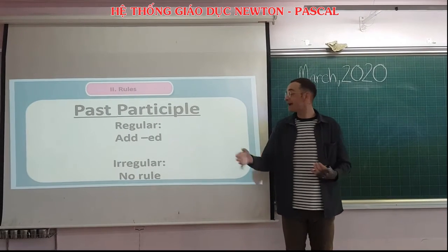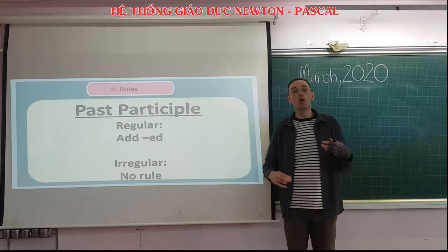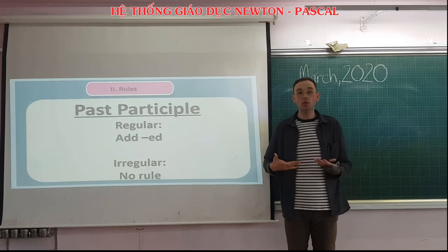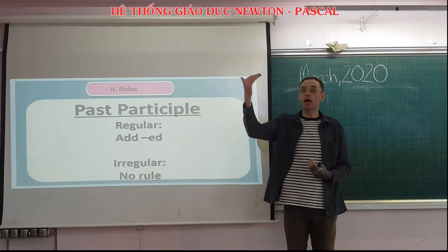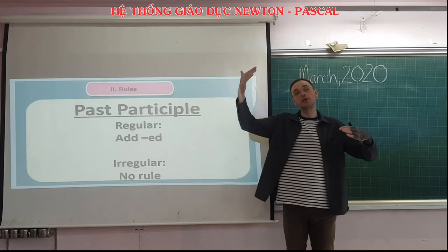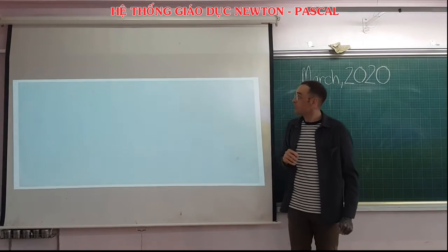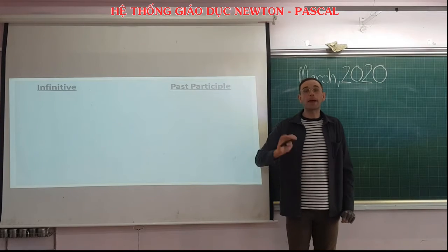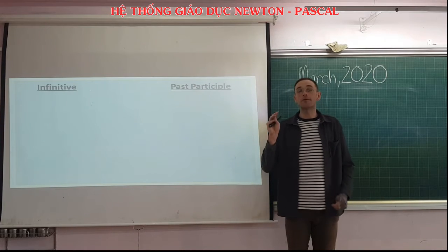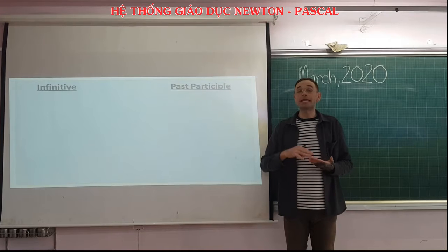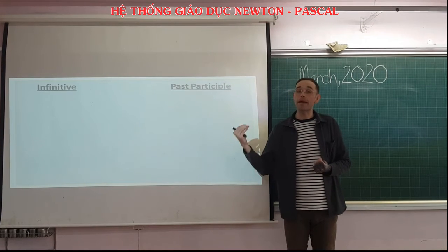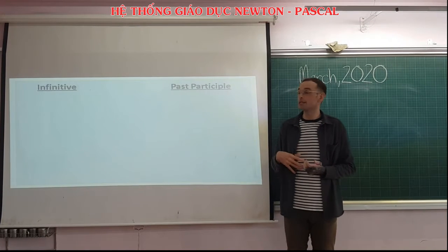We must memorize the past participle, or if we have a list or a book that we can use, we can look up the infinitive and also the past participle for that verb. Remember, though, that the past participle for irregular verbs is often different than the past simple for irregular verbs.